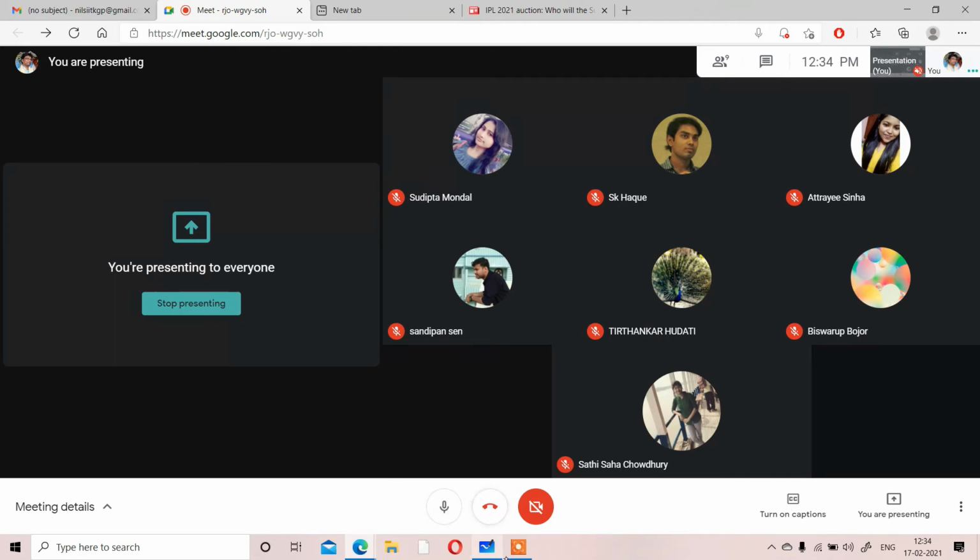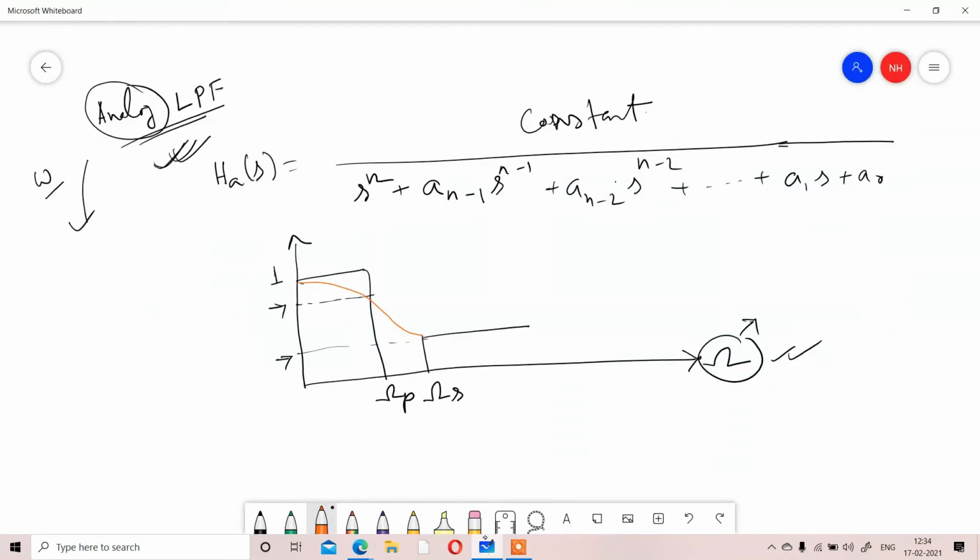Okay, so simply if we design the filter like that, that will be your pass band, that will be your stop band. So the maximum allowable range will be that part.